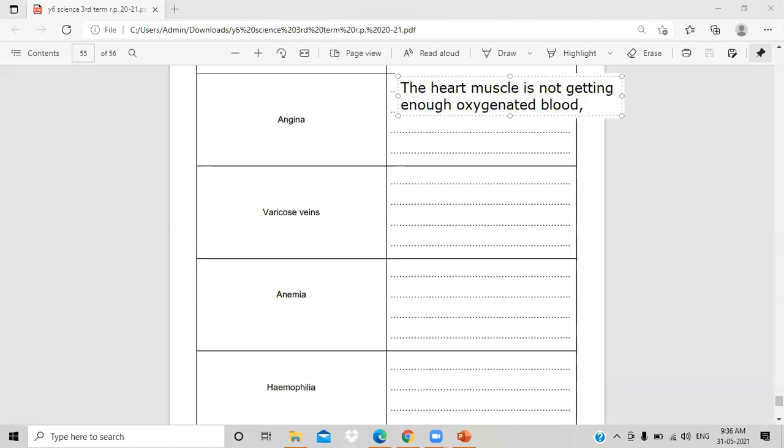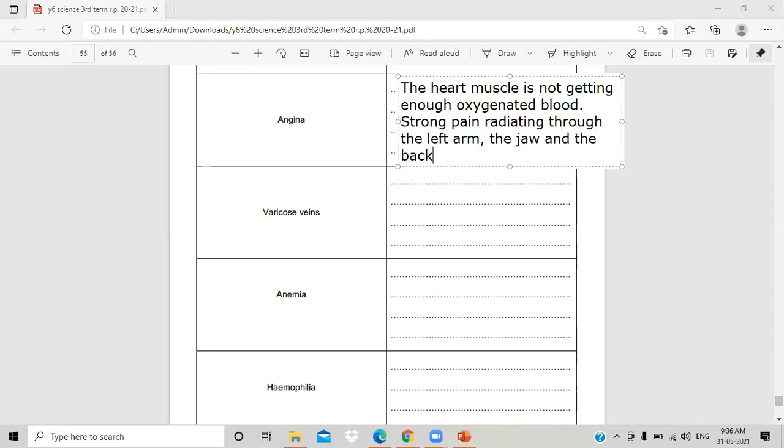So what happens? Strong pain radiating through the arm, the left arm mainly, the jaw, and the back. Okay, this is the angina.